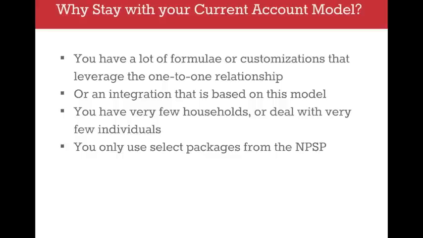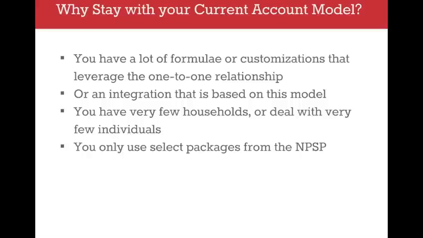So just quickly, why you might want to stay with your current model, because I guess we should complete this. Kelly will know that I had her in mind when I wrote this slide. One of the problems is that you might have built a lot of customization around the one-to-one relationship.